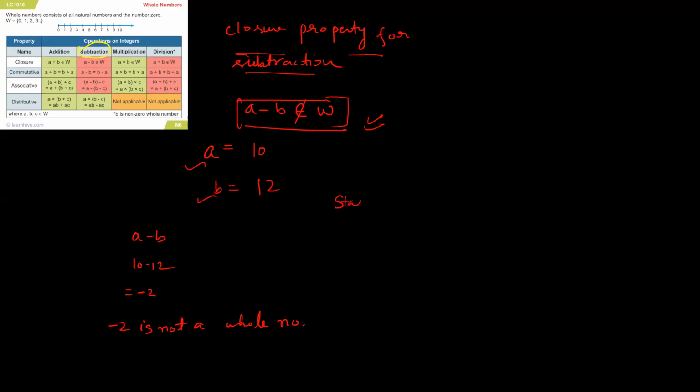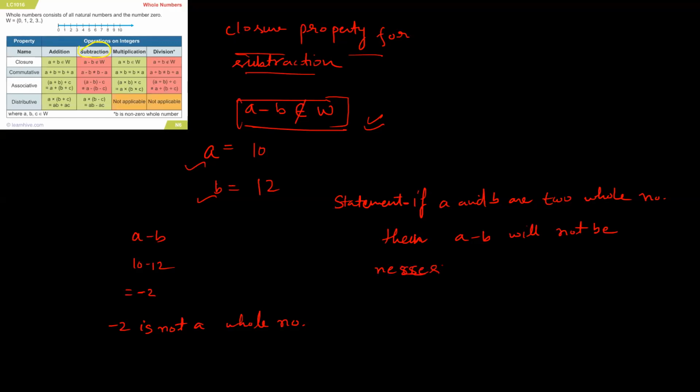The statement is: if A and B are two whole numbers, then A minus B will not necessarily be a whole number.